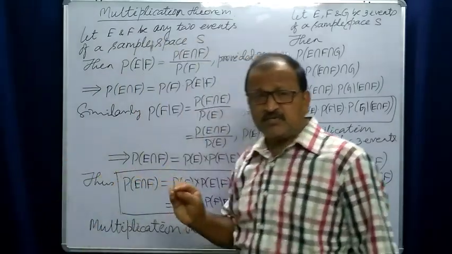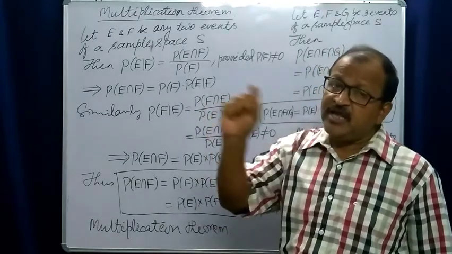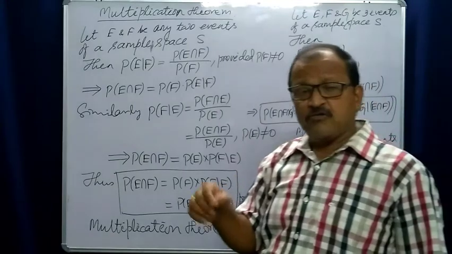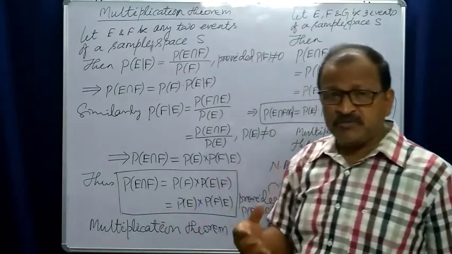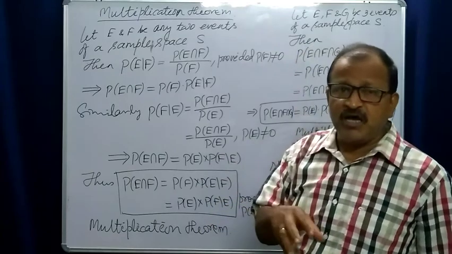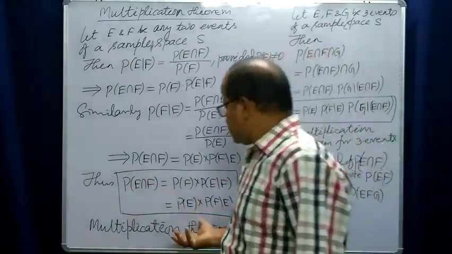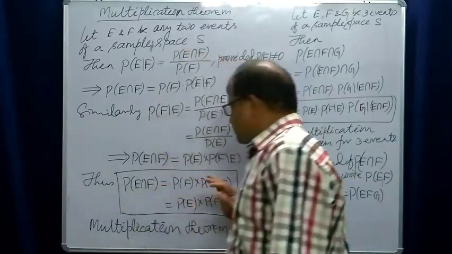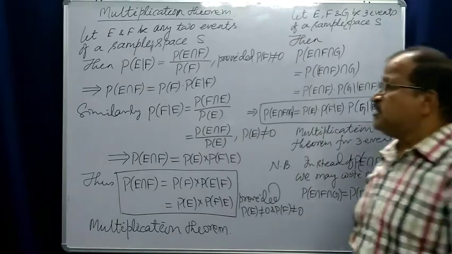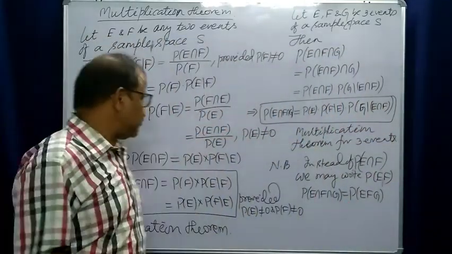Because E intersection F contains the common elements to both E and F. So if the outcomes present in E intersection F come, they are favorable to E as well as favorable to F, right? So this is the formula. This is for three events, right? So let us discuss some of your examples, okay?